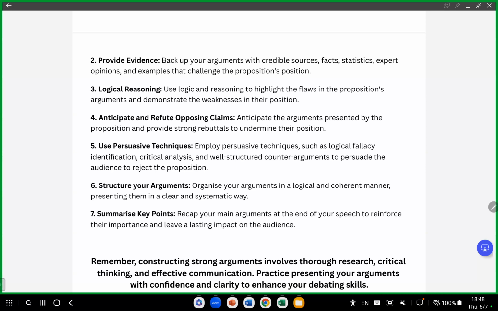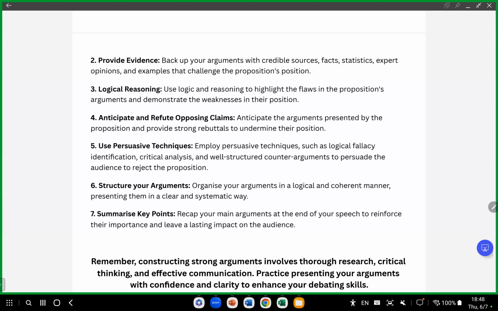Look for everything that's wrong with what the proposition is saying. And you need well-structured counter arguments to persuade the audience to reject the proposition. So again, we need to convince the audience and the judges to not believe the proposition team. We need to prove them wrong.